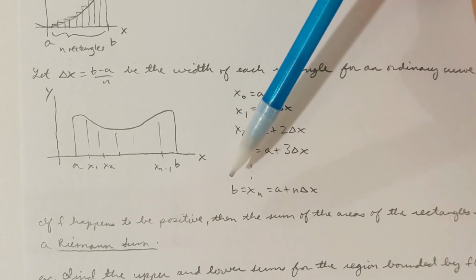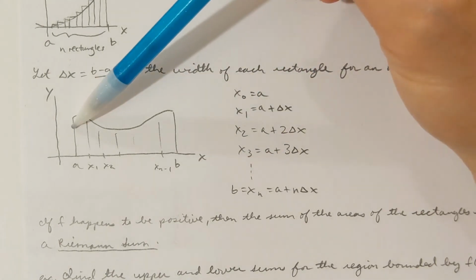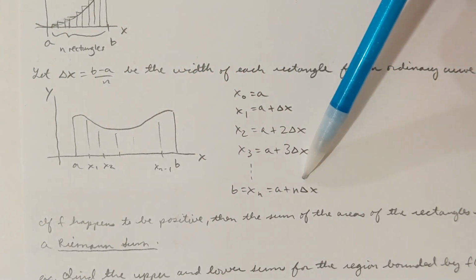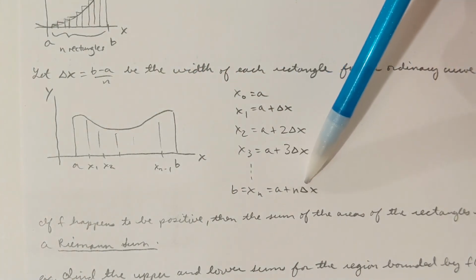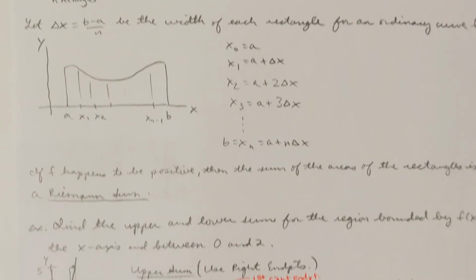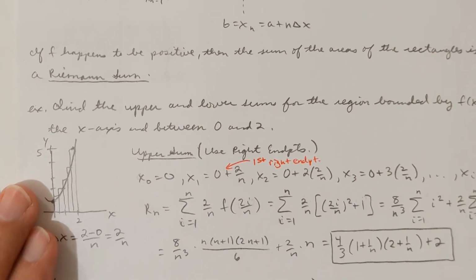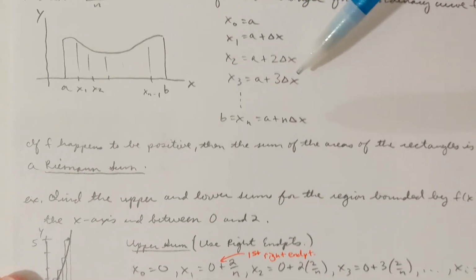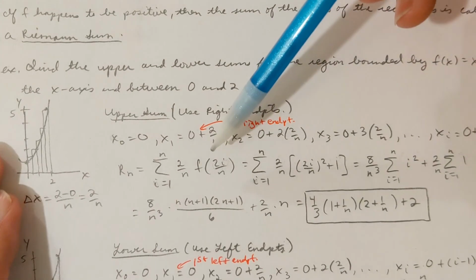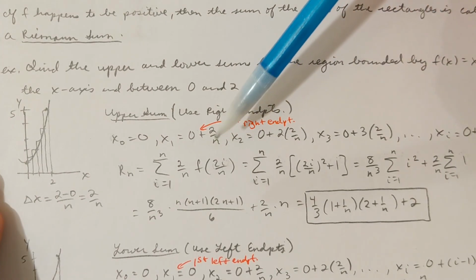If you're using right endpoints, you are at n increments of the width away from your start point. A plus n times delta x would get you that last right endpoint there.